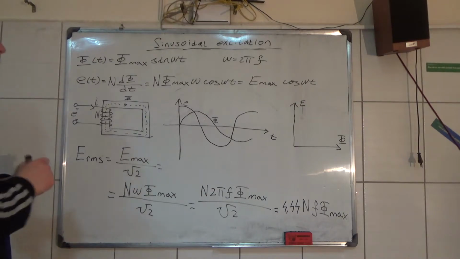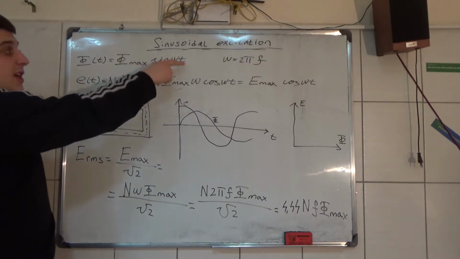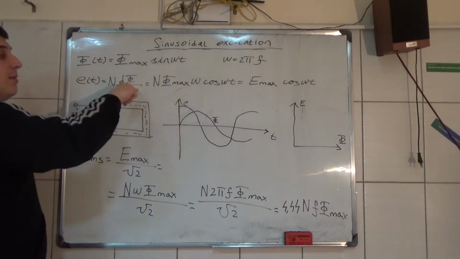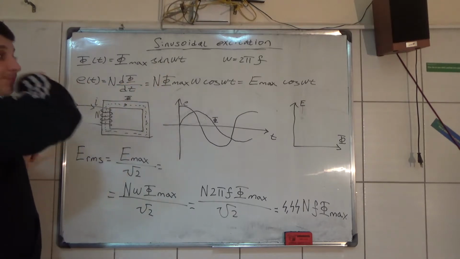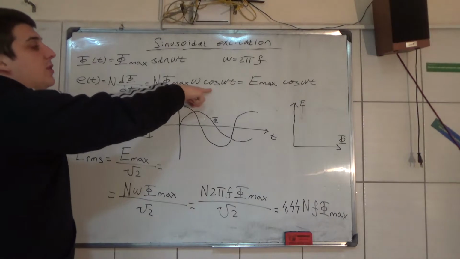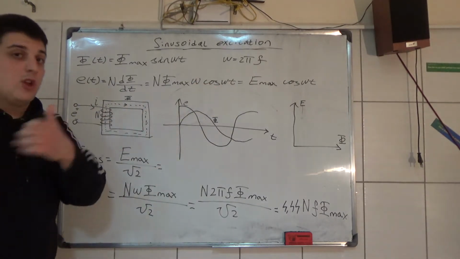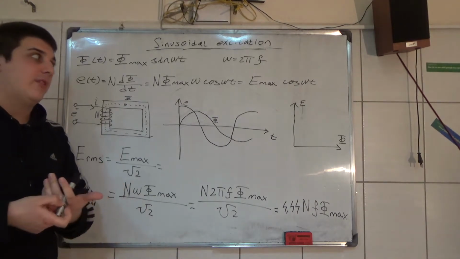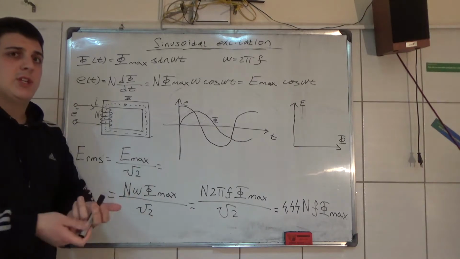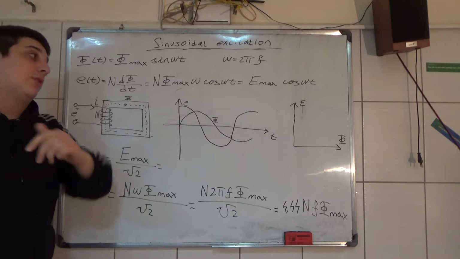Because this is a constant, it stays, we just have to derive sine omega t by dt, and that is equal to omega cosine omega t. If you don't know mathematics, derivatives, differential equations, I advise you to work that out a little bit.